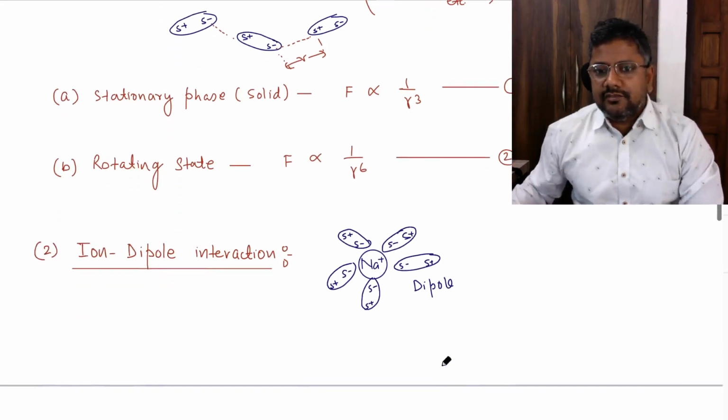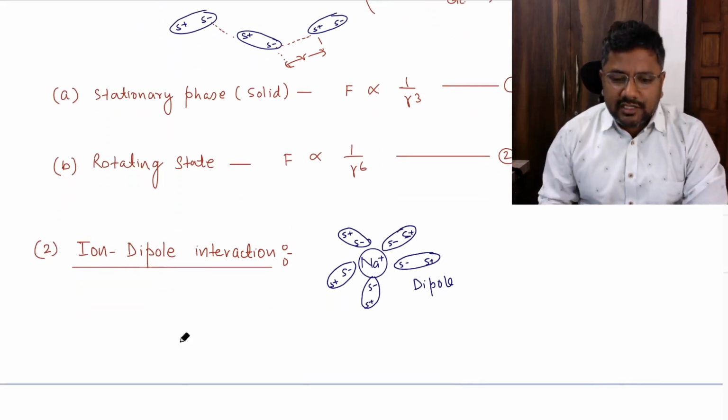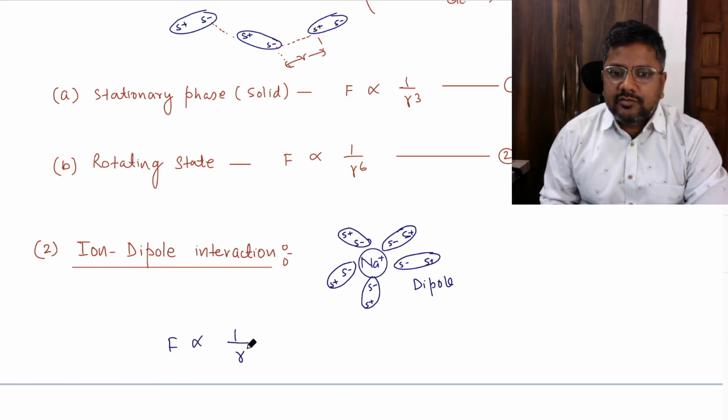So in case of ion dipole interaction, the intermolecular force is inversely proportional to r to the power 4. This is equation 3.